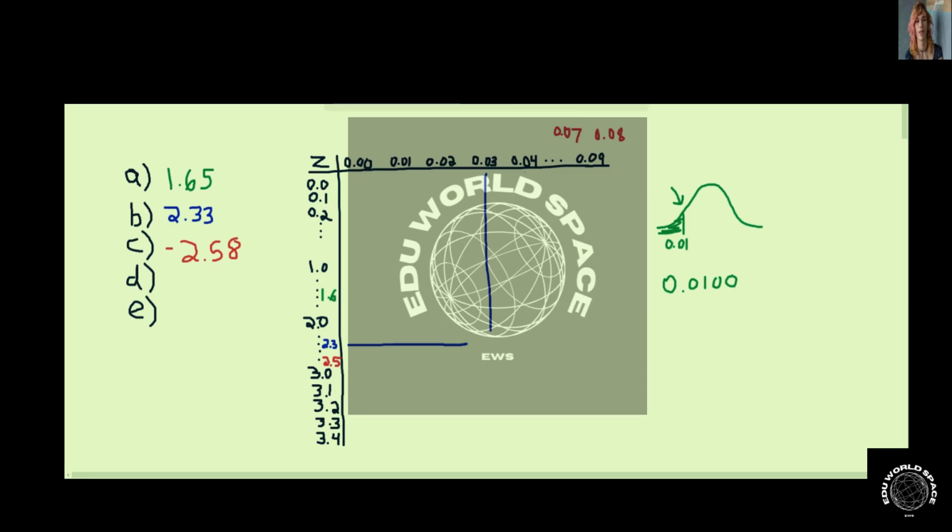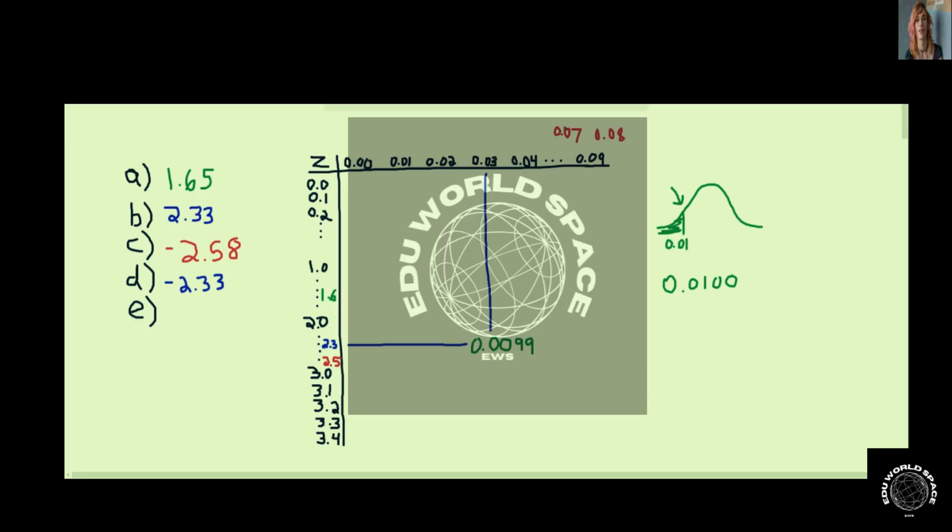So here you will find the value of 0.0099, and that is as close as we can get to 0.01. So this answer will be negative 2.33.